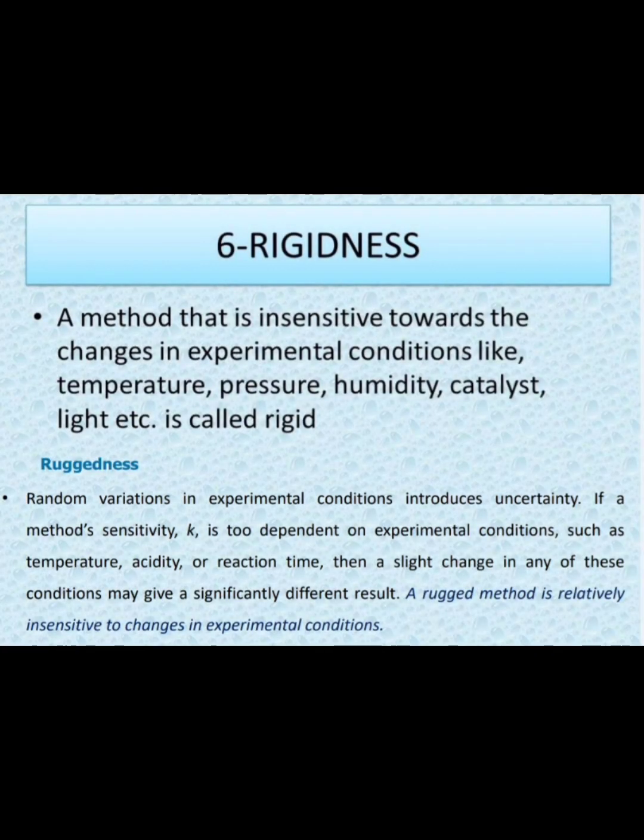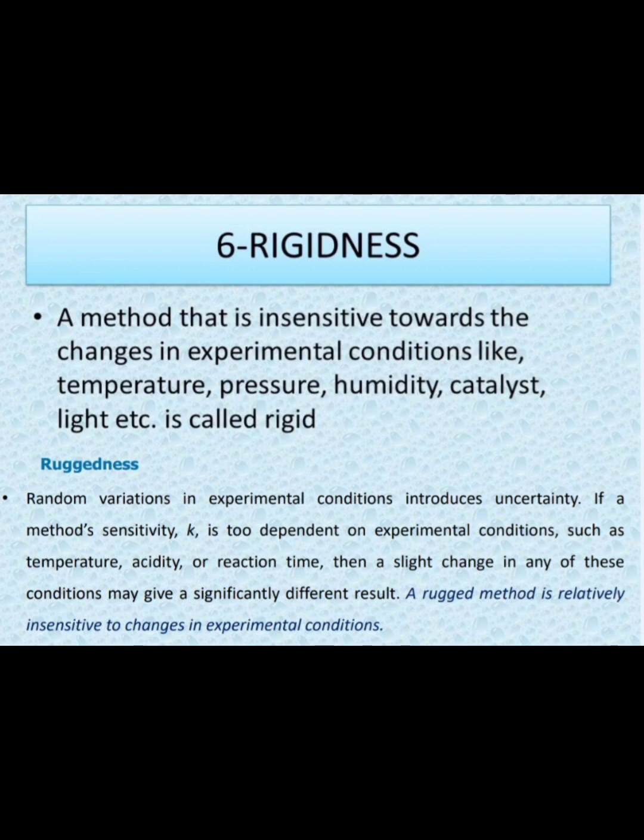And next, the sixth point is rigidness. A method that is insensitive towards changes in experimental conditions like temperature, pressure, humidity, catalyst, light, etc. is called rigid. Random variation in experimental conditions introduces uncertainty.